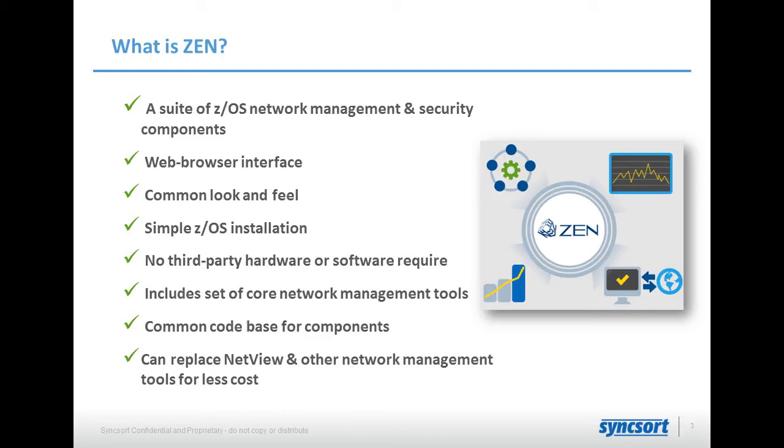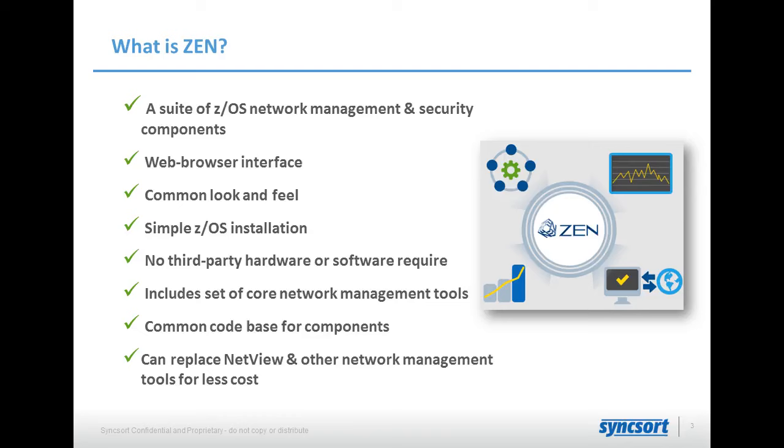There's no third-party software required as far as the web serving is concerned. We use a web server internally within the ZEN component itself, and that does all the web serving, so you don't need Apache or any of the other web interfaces out there.